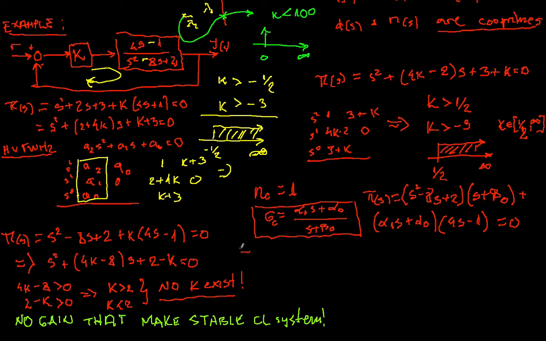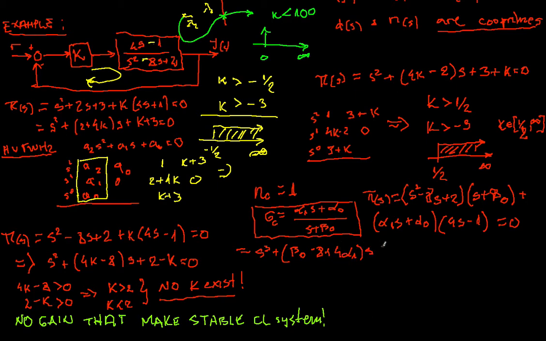Therefore, this is the characteristic polynomial in this case. And if we group the terms in the characteristic polynomial, we will have s cubed plus (beta 0 minus 8 plus 4 alpha 1) s squared.